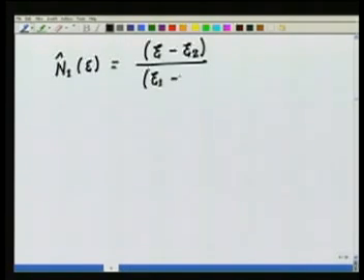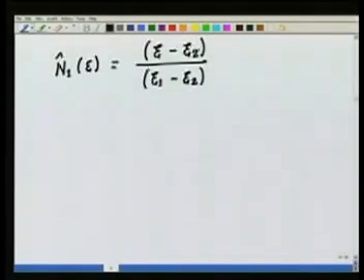So psi minus psi 2 over psi 1 minus psi 2. Now what is psi 1 minus psi 2? It is going to be equal to minus 2. So this is going to be minus 2, and psi minus psi 2, what is psi 2? 1.